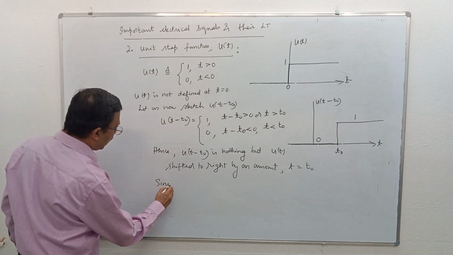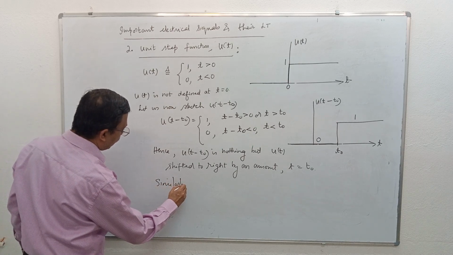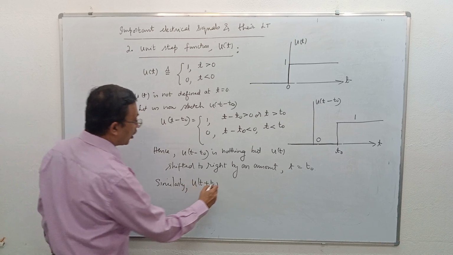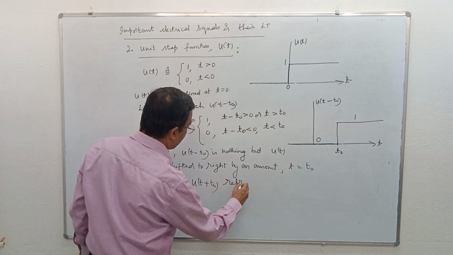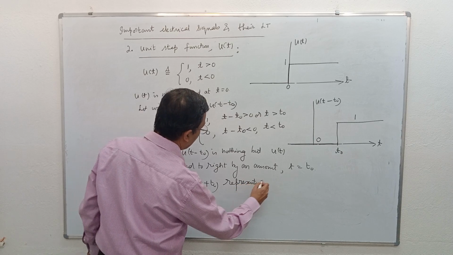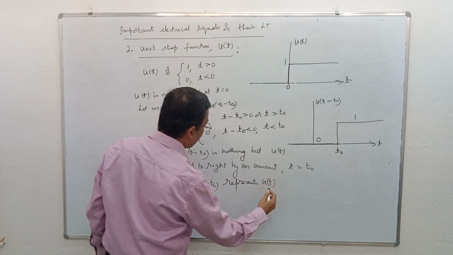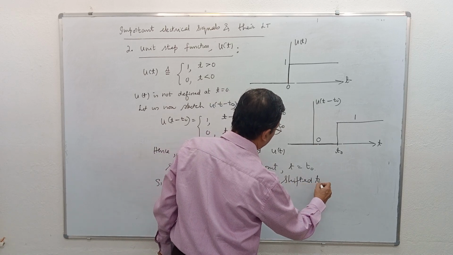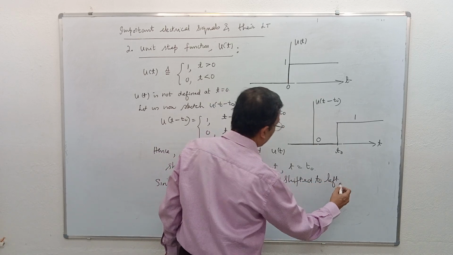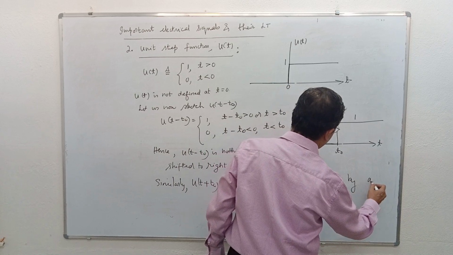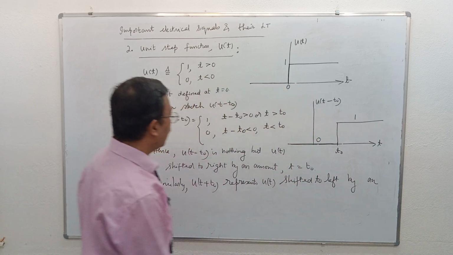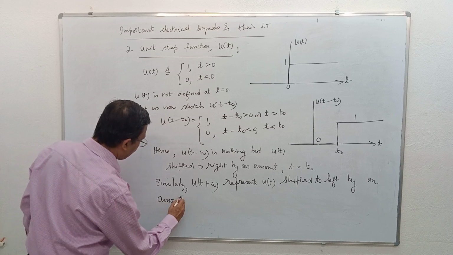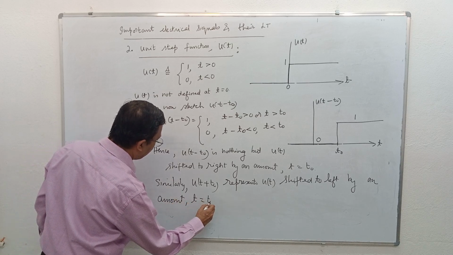Similarly, u of t plus t naught represents u of t shifted to left by an amount t equal to t naught.